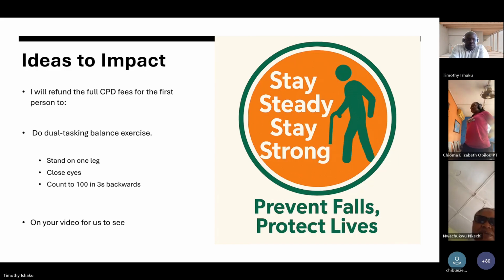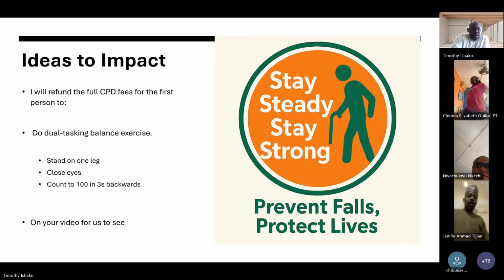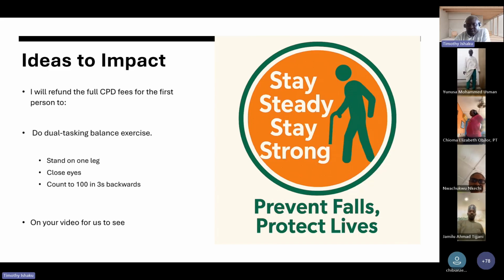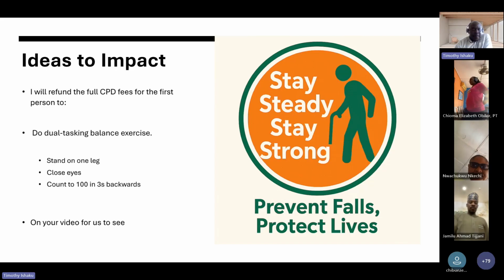Who wants to start from here? Let's see if we can. I think we still have a bit of time. I can see Chioma is already cracking on, but there is no evidence that the fatigue of the stance leg won't affect the overall result. We can do it with support now. I can see Yunus is doing it. Can we start? Let's have a setup.